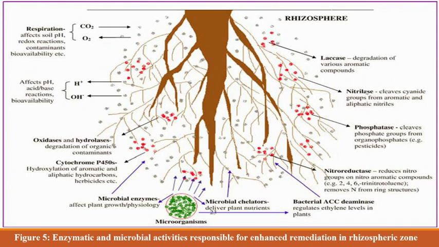You have the nitrilase that cleaves cyanides from aromatic and aliphatic nitriles, and then the laccase that degrades various aromatic compounds. All these could be found in the roots of the plant that is used for bioremediation processes.